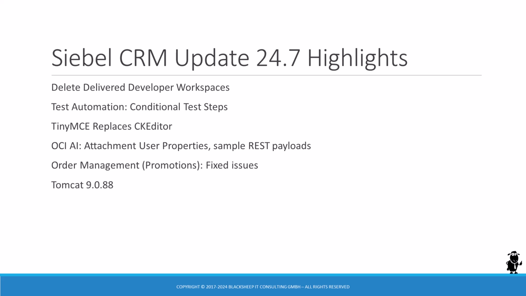TinyMCE replaces CK Editor as the rich text editor in charge. Users of the OCI AI integration will find new user properties and sample REST payloads. Several issues have been addressed for promotions in Siebel Customer Order Management, and Apache Tomcat is updated to 9.0.88.